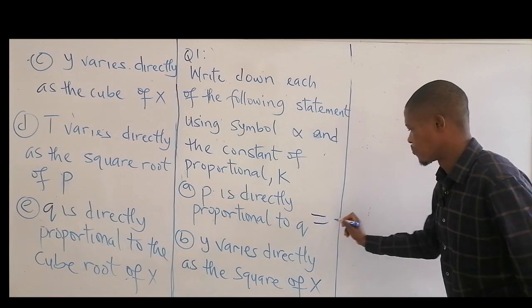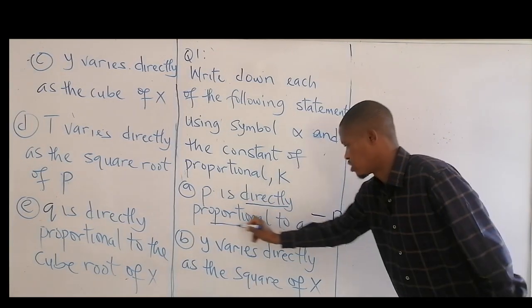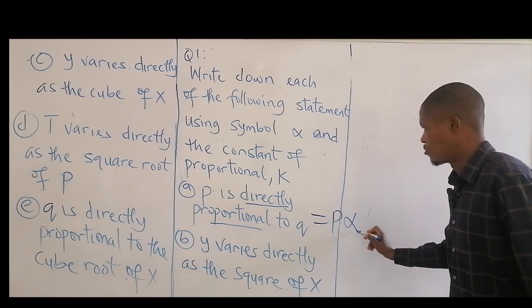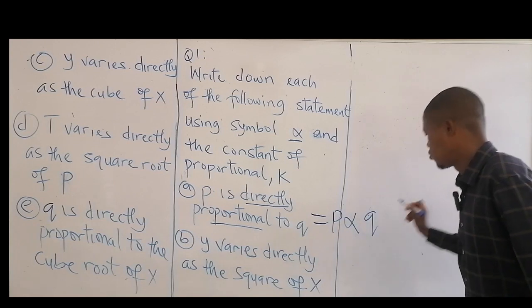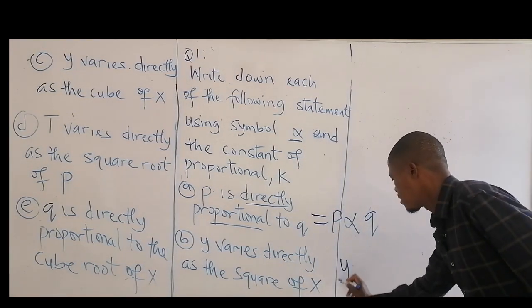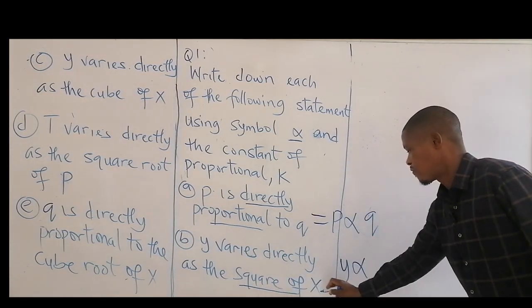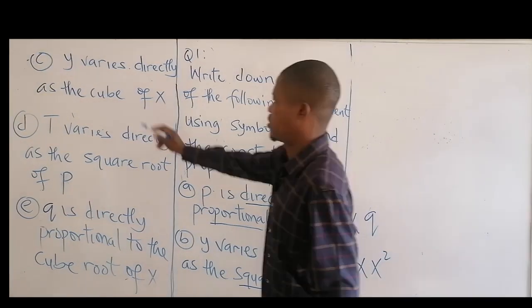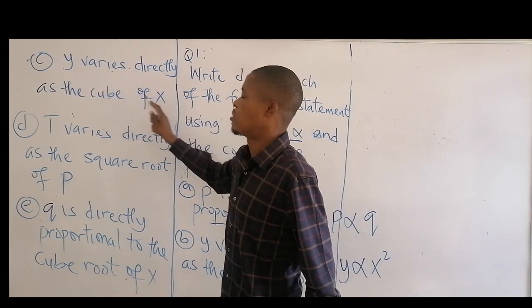This symbol means directly proportional to Q. The second one, Y varies directly as the square of S. The third part, Y varies directly as the cube of x.